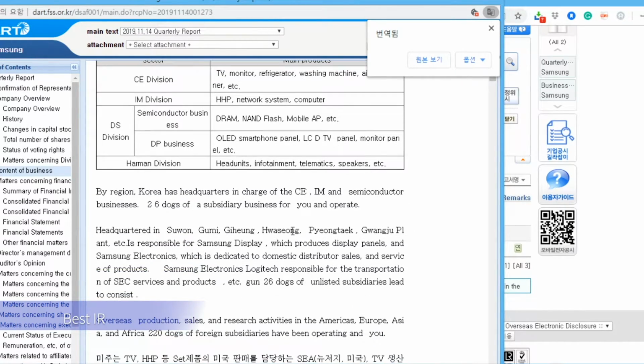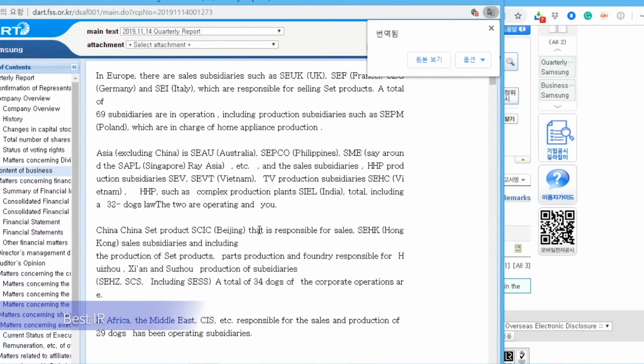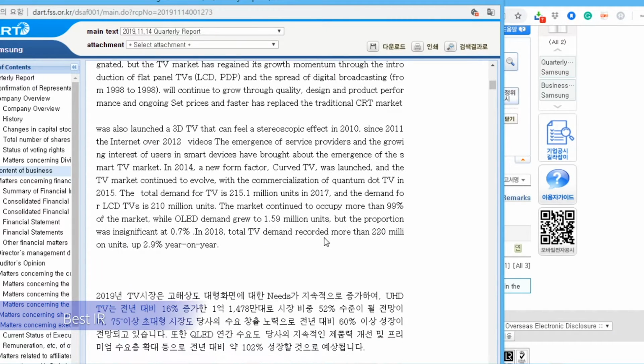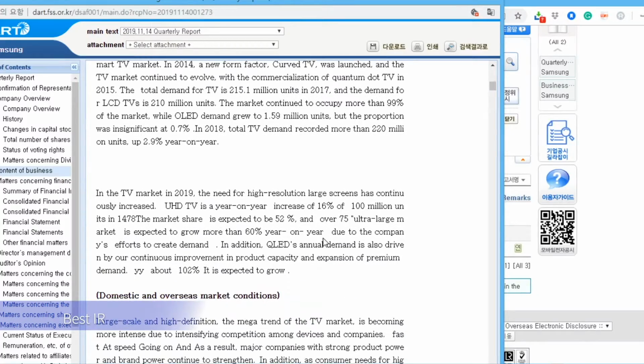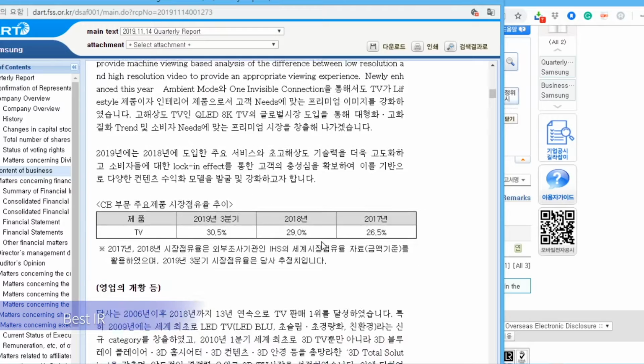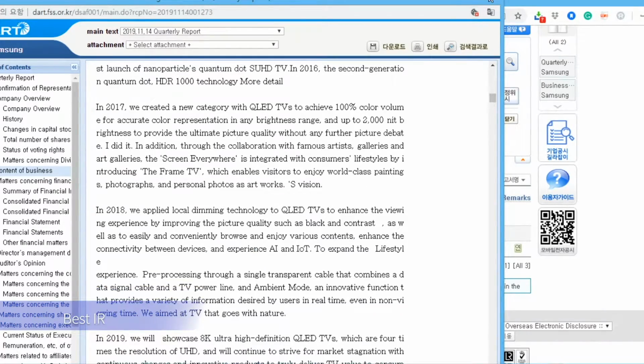So based on whatever we went over before, you have the CE division, starting with what the characteristics of the industry are. And it is useful to just run through this to find out about this company.